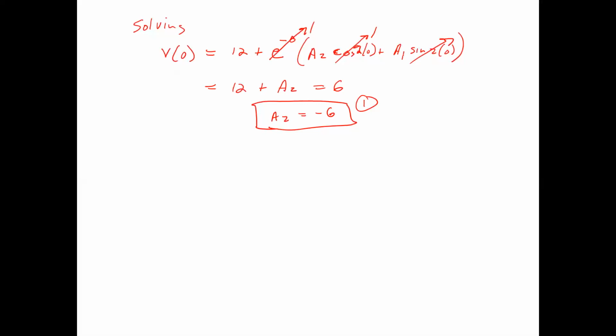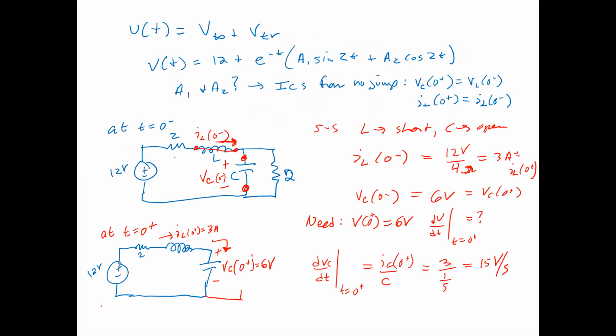Okay, the other thing we need to figure out is dv dt. It's kind of messy. When v is this equation, we have to differentiate it.